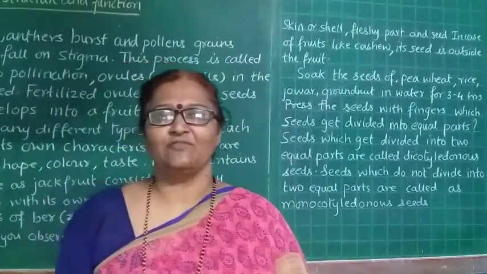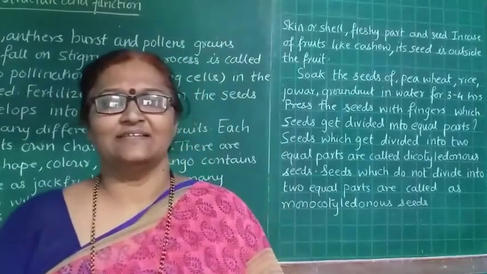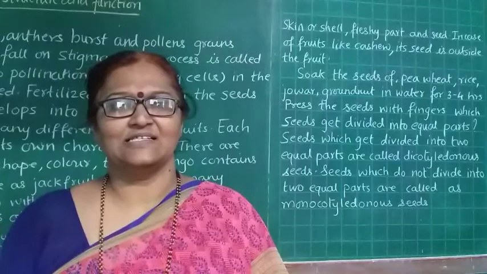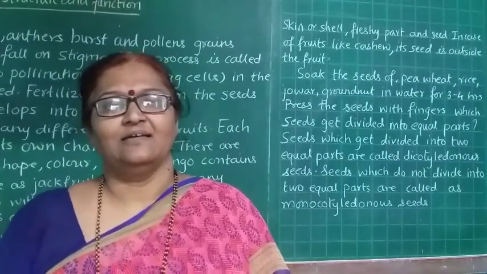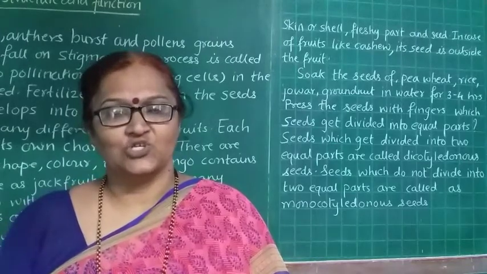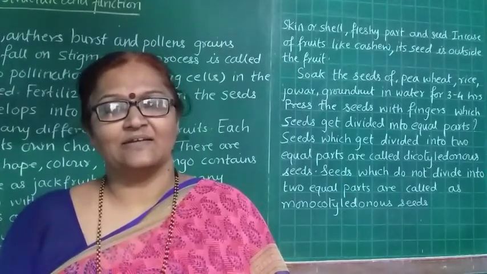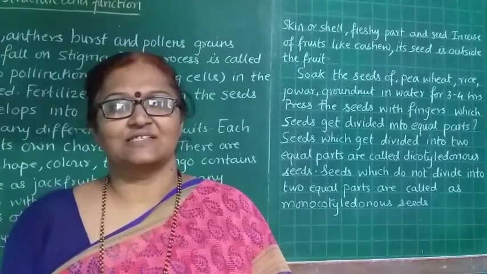In this way, today we have seen the flower. In the flower we have seen the various parts: calyx, corolla, gynoecium, androecium. Calyx is the green part which supports all of the whorls of the flower.